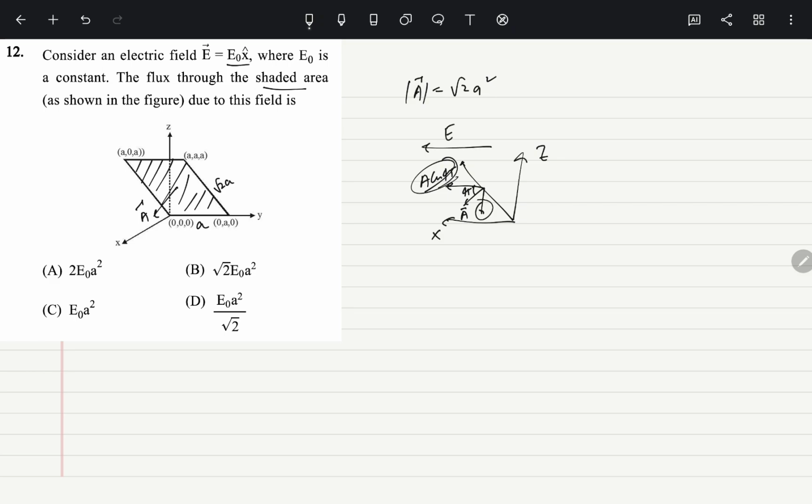Because of the other component, the flux will be 0. Now the flux passing through this one is E naught into A cos 45. Now what is A? Root 2A square into 1 by root 2. So they cancel, and the flux is equal to E naught A square. So option C is correct. Okay, so hope you understood. Let's move to the next question.